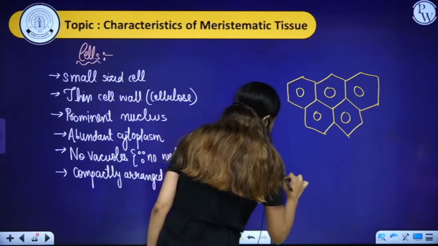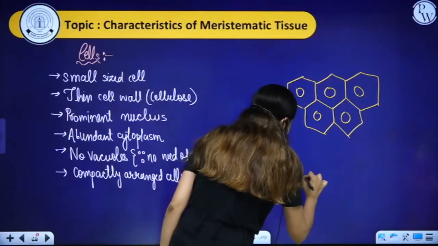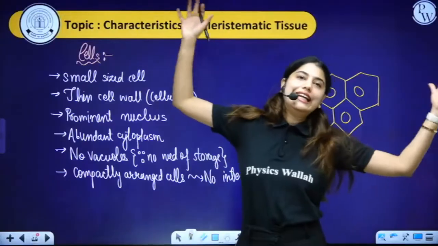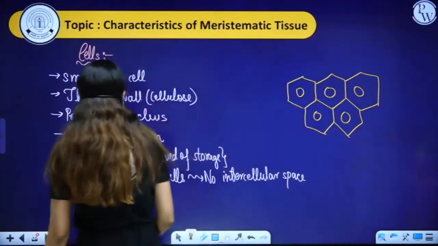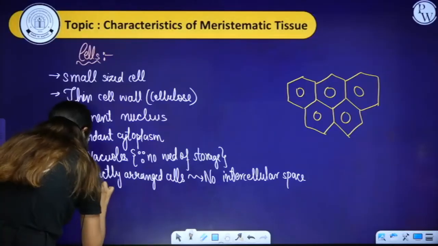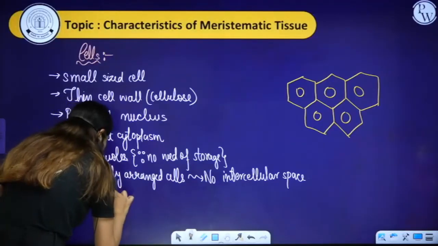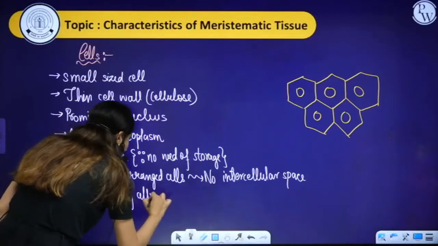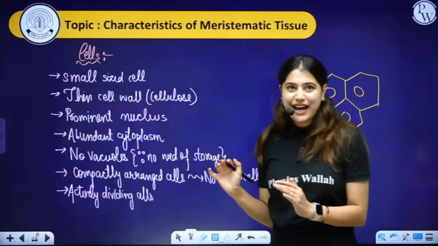The space between the two cells. There is no space between the two cells. What are they doing? They are just dividing actively. They are actively dividing cells. So that was about the cells of the meristematic tissue.